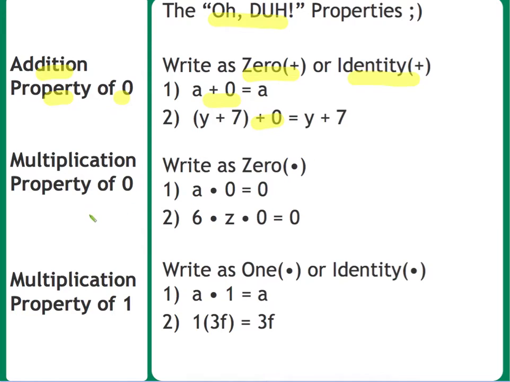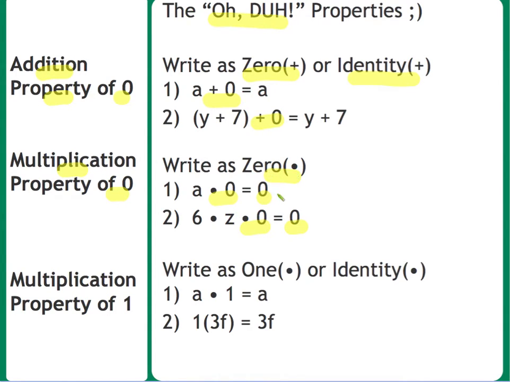The second ODA property is just called the multiplication property of 0, which says that if we multiply something by 0, we get 0. Whatever we have multiplied by 0 is 0. You can write this in your homework or on the test or quiz as the 0 property of multiplication.